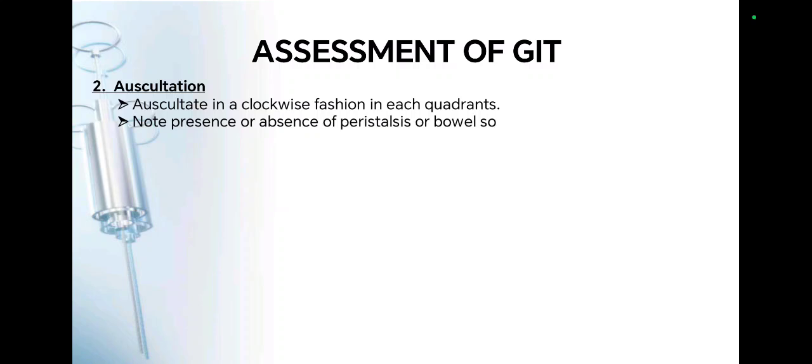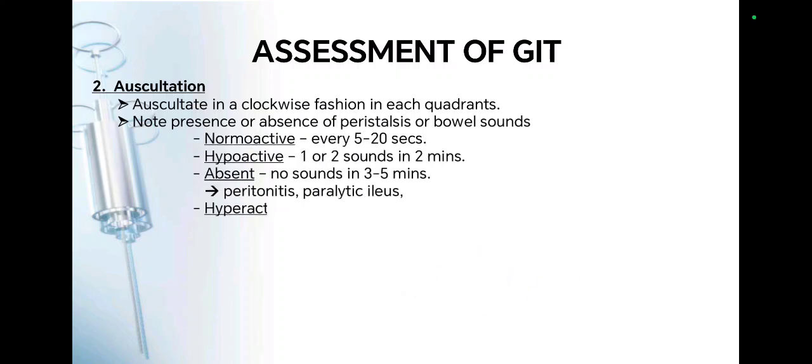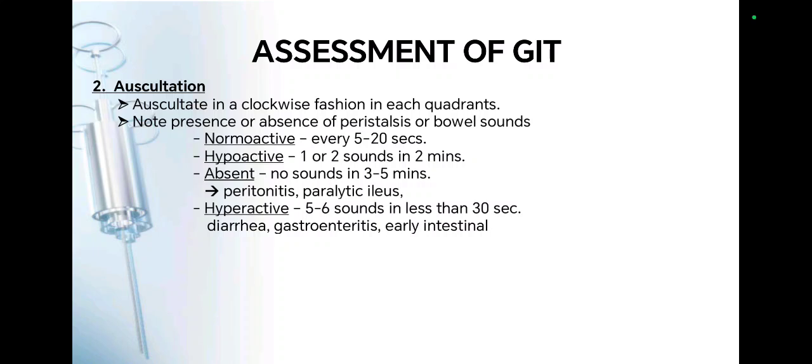So, auscultate. What are the things that we need to auscultate? Of course, your bowel sounds. Auscultate in a clockwise fashion in each quadrant. Note the presence or absence of peristalsis or bowel sounds. We have different types of bowel sounds. Normoactive, where you can auscultate at least one sound every 5 to 20 seconds. Hypoactive, where you can auscultate 1 or 2 sounds in 2 minutes.